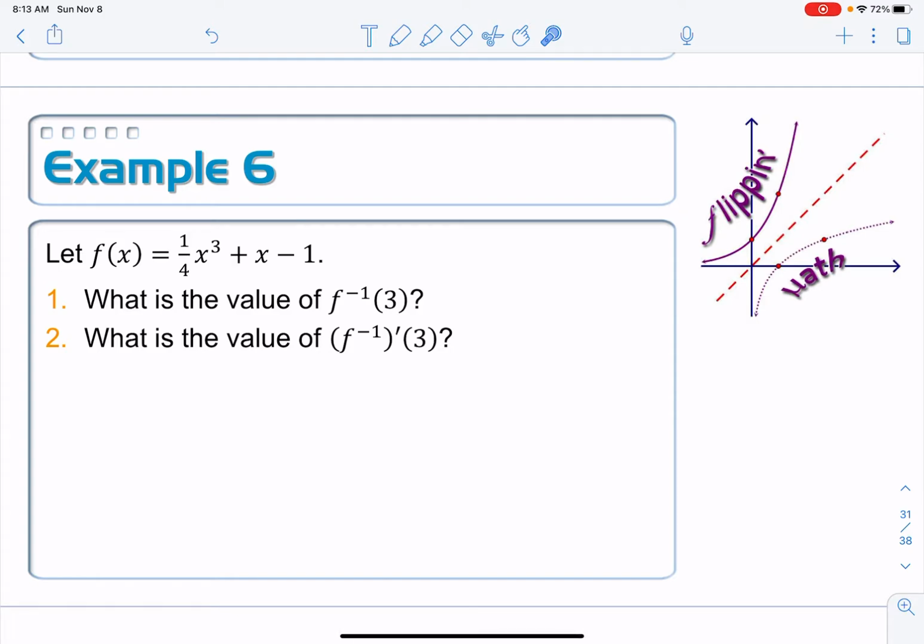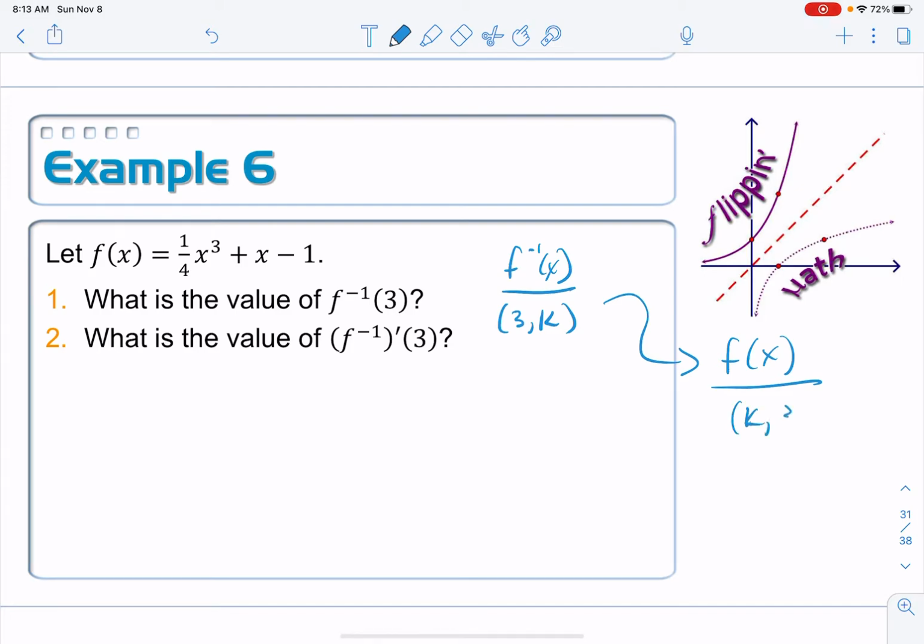So think of it like this. On the inverse function, you have the point 3 comma, I don't know, something. And then on the original function, those two things need to be switched. So you have the point k comma 3.